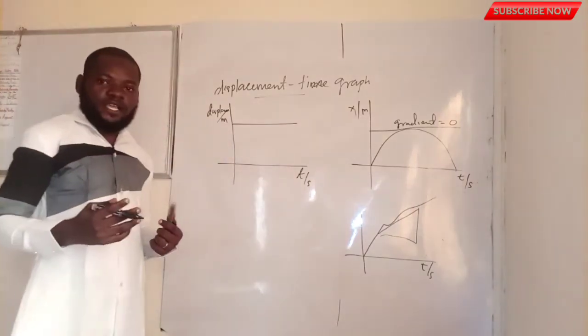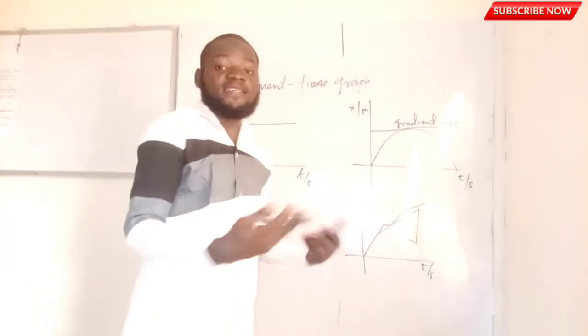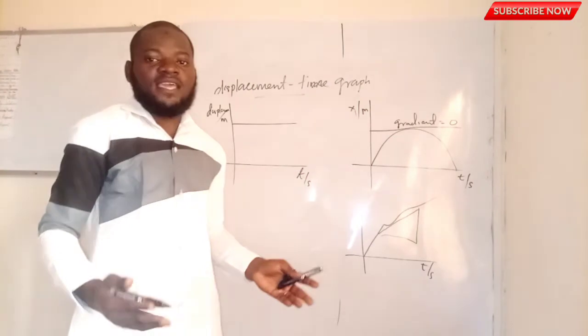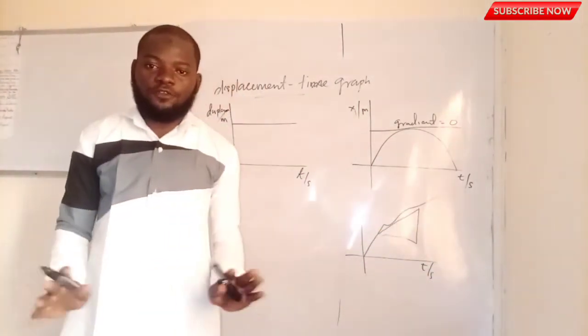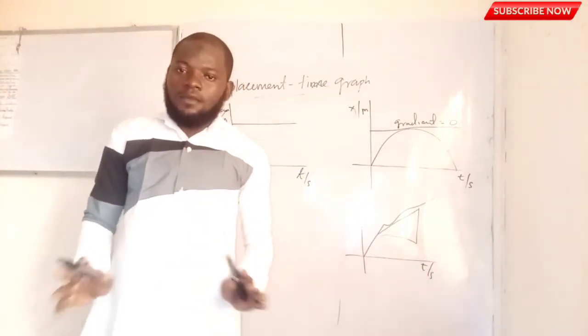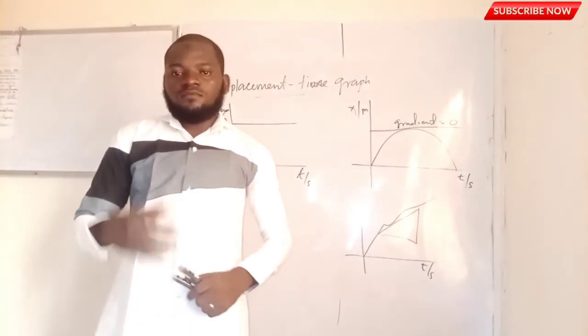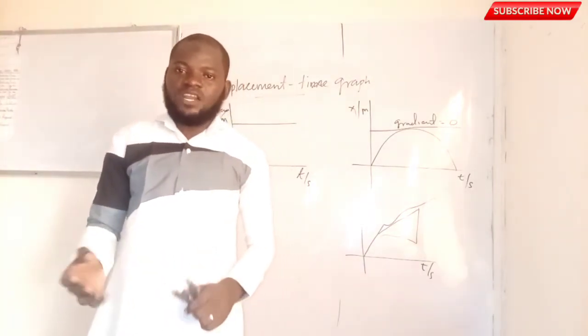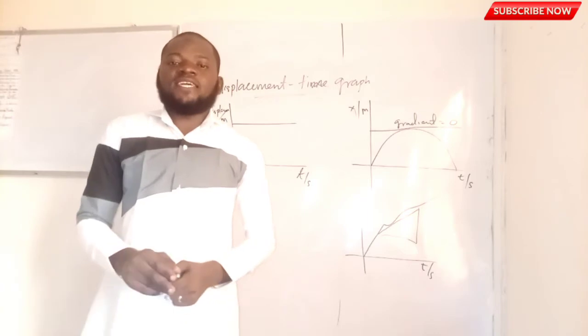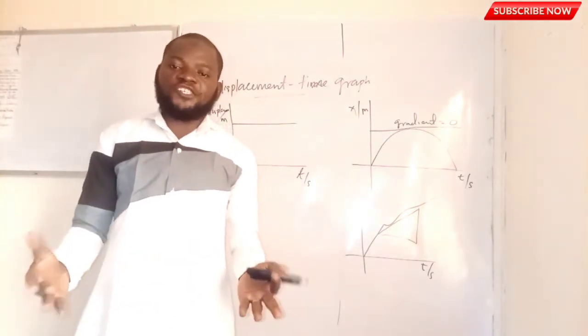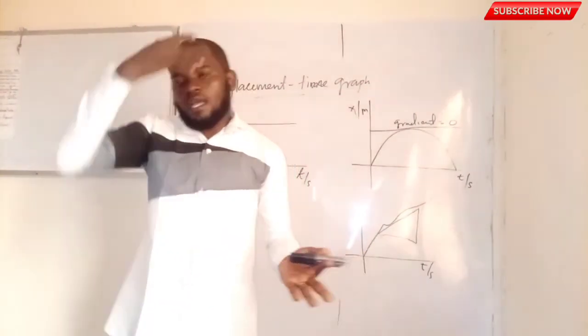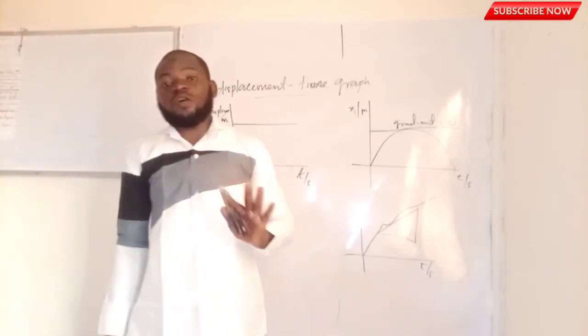So when the body is moving with a constant speed on a straight line, it's the same thing as when the body is moving with a constant velocity on a straight line. Don't forget that. Is that taken up? Okay? So that's that about the distance time graph and the displacement time graph. And when you look at those two graphs, you see that they don't really give us enough information about the motion of a body. And that is why we don't usually look at them.